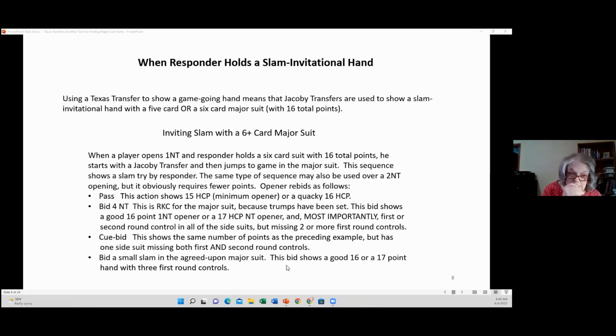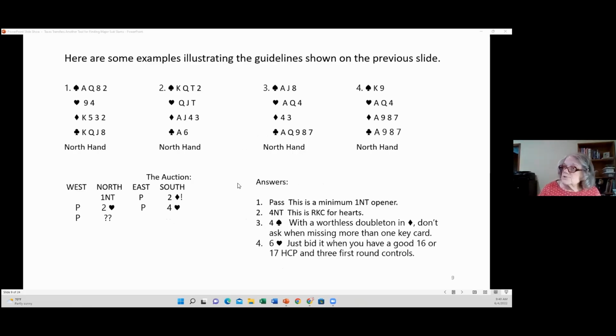And it's possible, I mean, he can have 3 aces, a king and a queen and be on 17. And he knows that you have a hand that's 16 or 17, not quite enough to insist on the small slam, but is slam invitational. And since he's maximum opposite your slam invitational, then he can bid the slam with 3 first round controls. One of those 3 things.